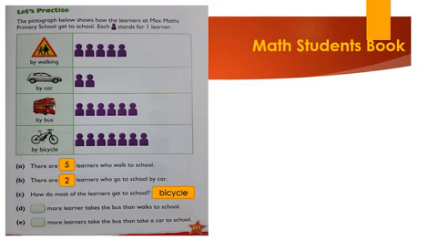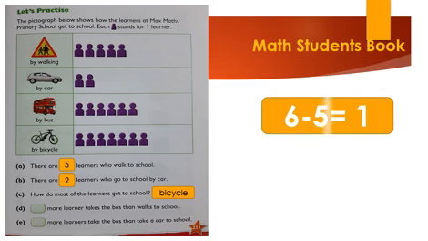So in order for us to get how many more learners take the bus than by walking, we have to minus. So 6 by bus minus 5 by walking is equal to? Correct. 1 more learner takes the bus than walks to school.